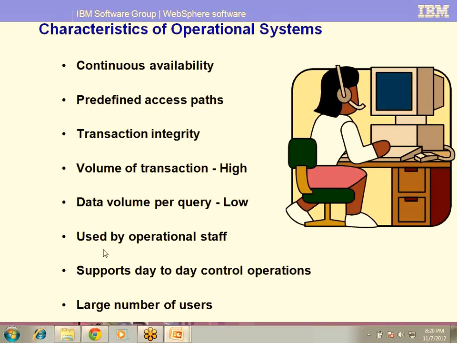Because it is transactional data, it is useful only to support day-to-day operations of the business. It is not used to support business changes or any decision-making process. It's simply used to run the business, to do day-to-day control. That's all we can perform using operational systems data.